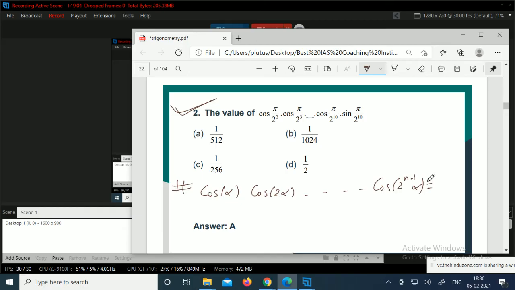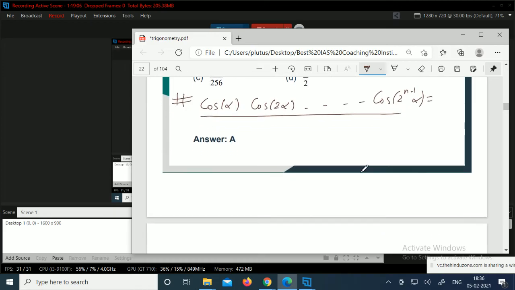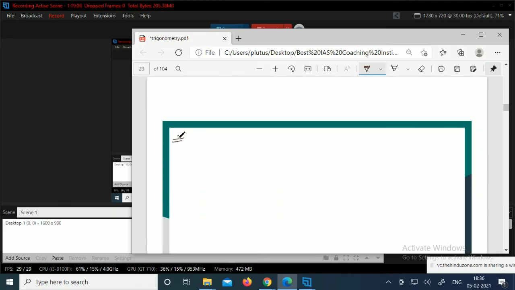How are we going to solve this series? Look, this is a series like cos alpha into cos 2 alpha, cos 4 alpha, up to cos 2 to the power n minus 1 alpha.